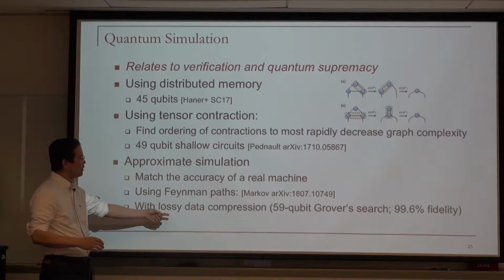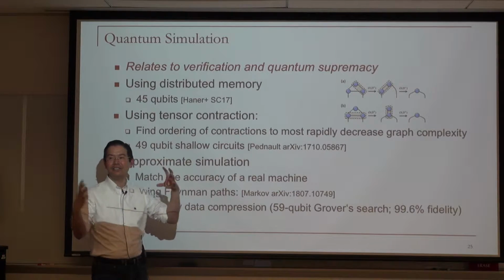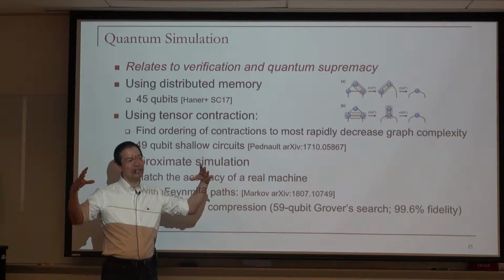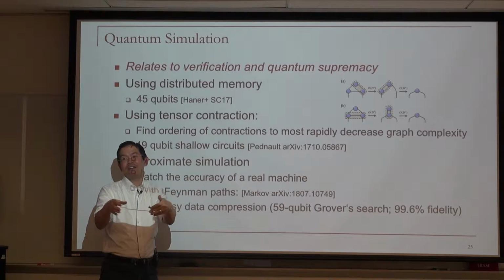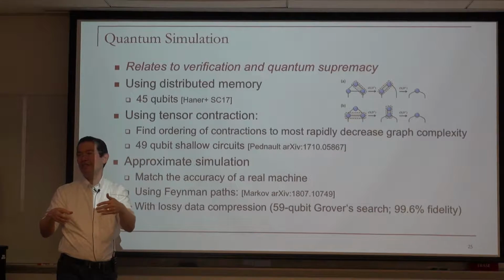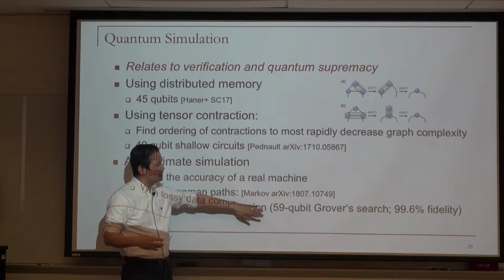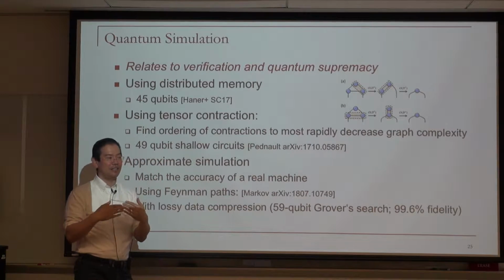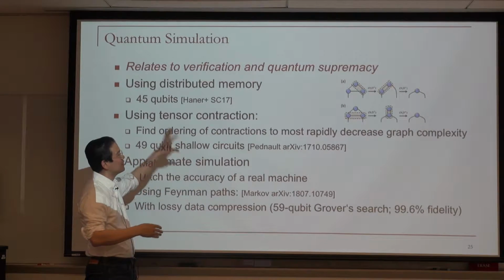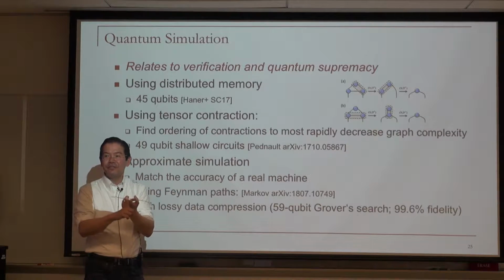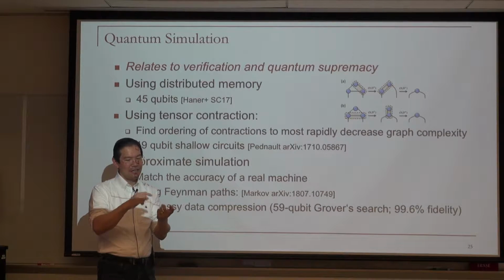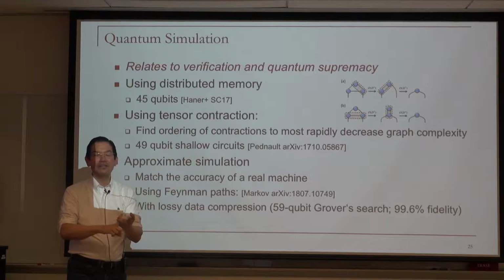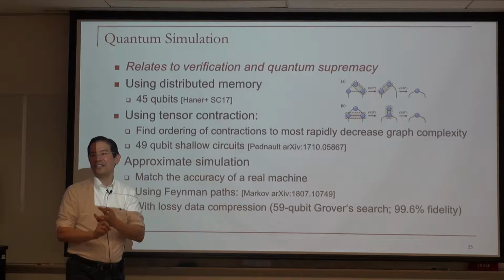We have some work with Argonne where we've used data compression to compress the state vector so we can fit it onto their largest machines. That can run about 59 qubits right now with some fidelity loss. So this is a whole area which is interesting from the standpoint of quantum supremacy, but also from the standpoint of testing your code.